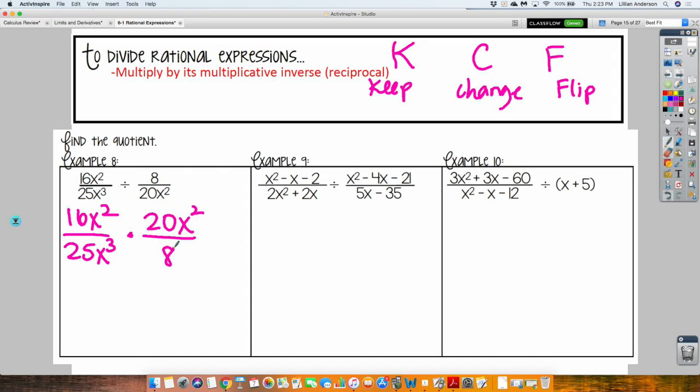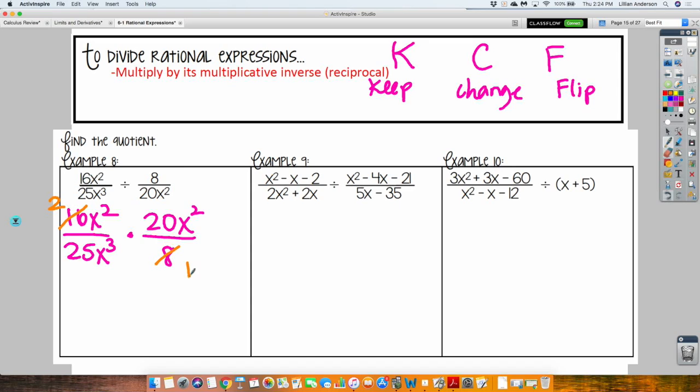How can I simplify anything on the top with anything on the bottom? Is there a number that can go into both something on the top and something on the bottom? 8. 8 can go into which one? 16. So 8 goes into 16 twice, and 8 goes into 8 once.